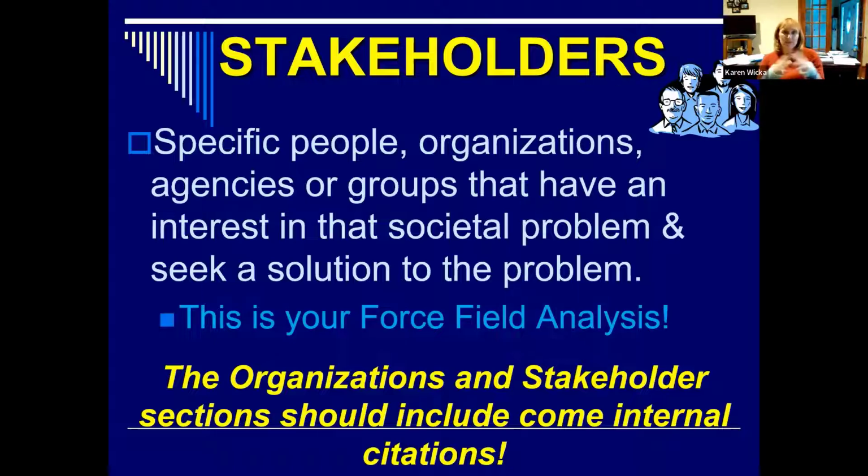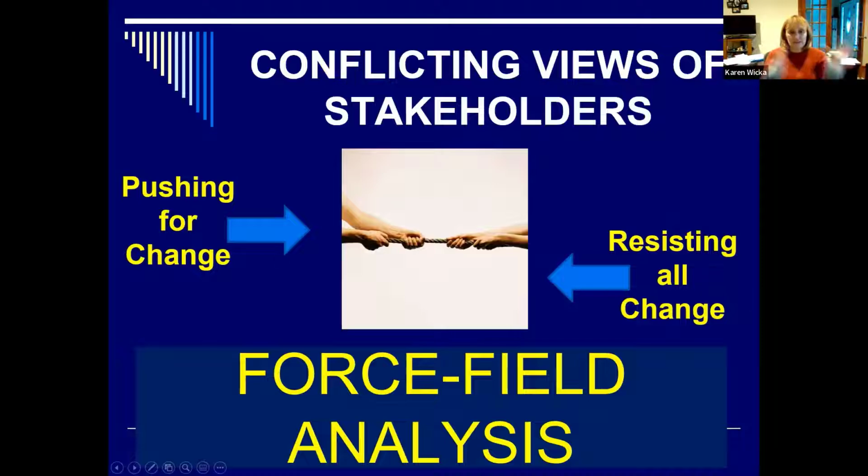This would be one of those places where, when I showed you the research on the opposing sides database, GALE is really good. It helps you write this section because you can see the arguments for and against your topic. Make sure you're using internal citations. Don't forget, you need this force field analysis. So not only are you identifying your stakeholders, you're identifying issues for and against your issue.